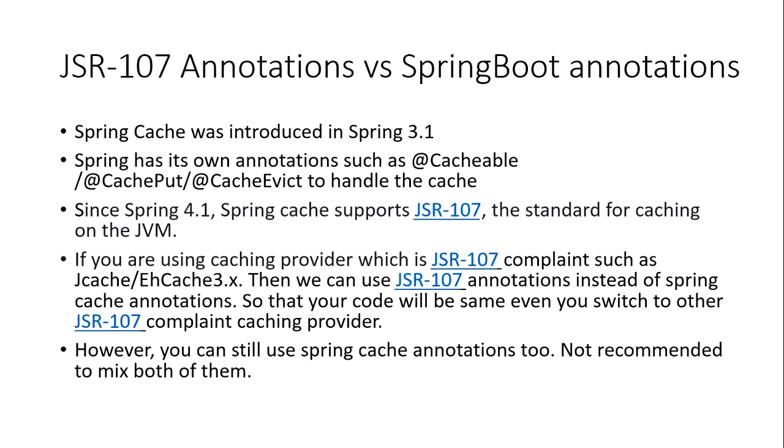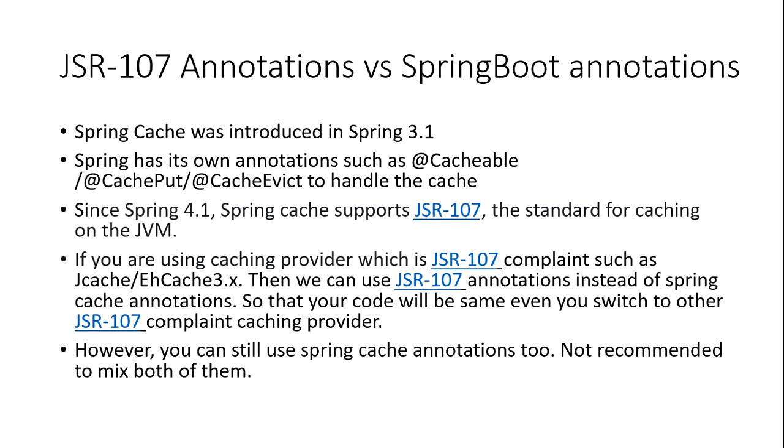The answer is, if you are using a caching provider which is JSR 107 compliant, then it is recommended to go for the JSR 107 specific caching annotations. If not, you can use the Spring provided caching annotations.